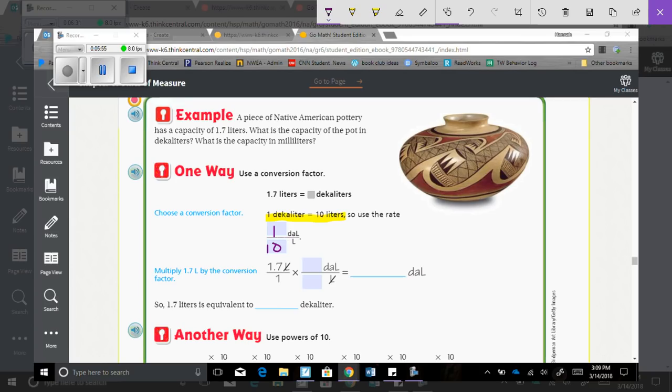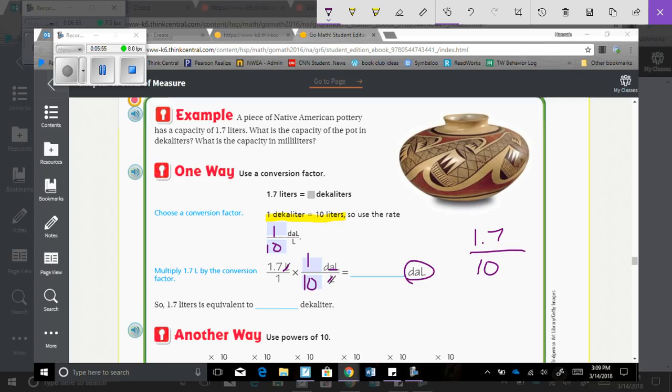So we're putting 1 7/10 over 1 and multiplying it by 1 deciliter over 10 liters. We're marking out those liters so that we know we're using deciliters in the end.